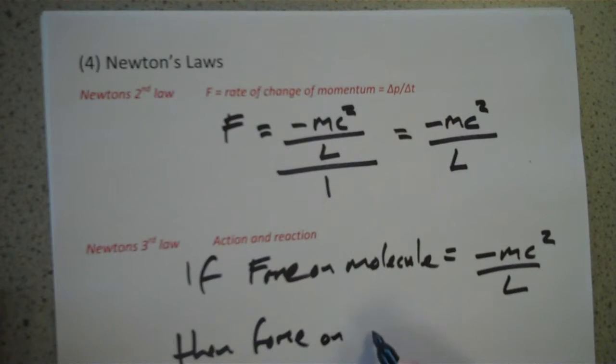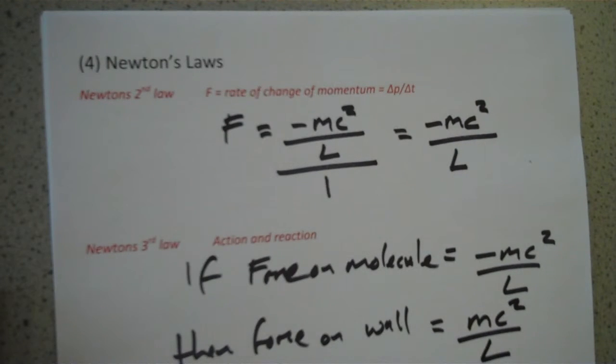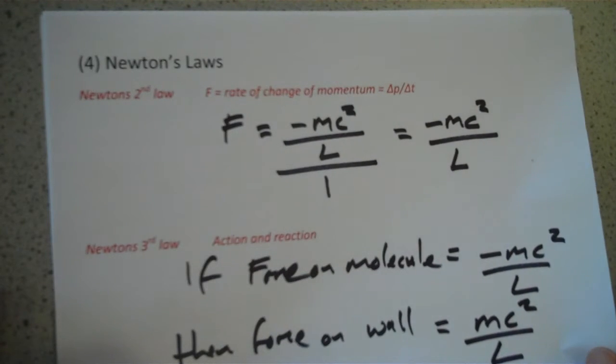So the force on the wall is the equal and opposite force. If it's opposite, then the minus disappears, but the magnitude is the same. So that conveniently gets rid of our minus for us. We're interested in the force on the wall, which is mc squared over L.